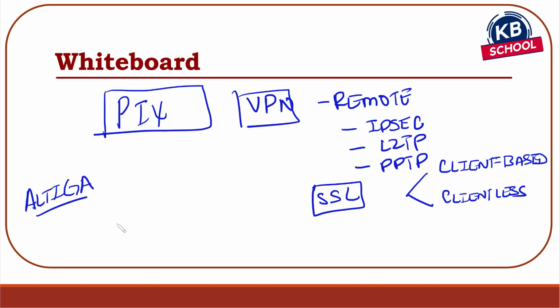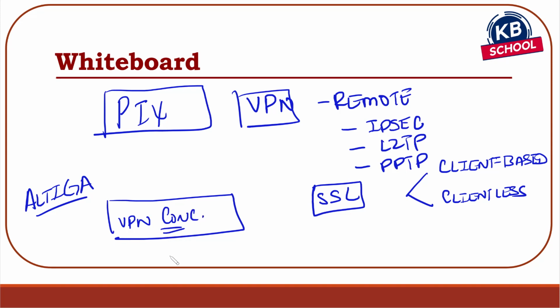Eltiga at that time had a product by the name of the VPN Concentrator. The thing that it was famous for, its main core component, was that it was a VPN box, as the name suggests, and it had the ability to do SSL VPNs. It could also do IPsec VPNs.